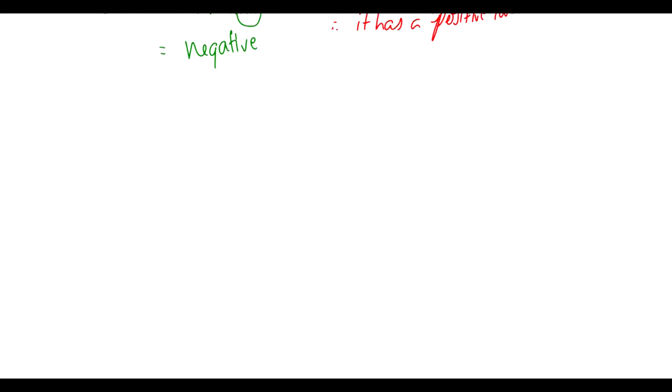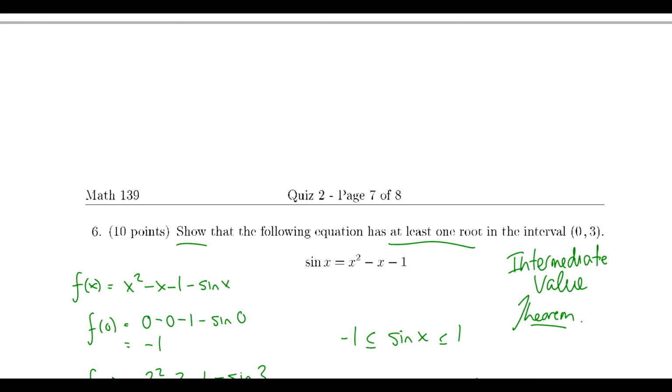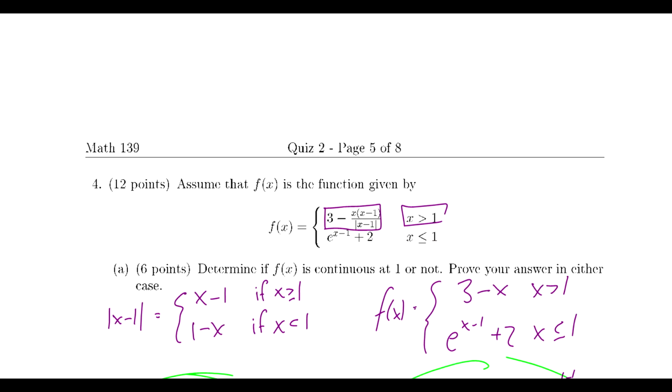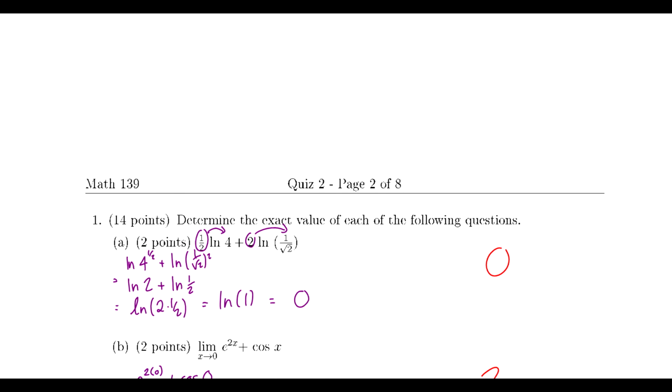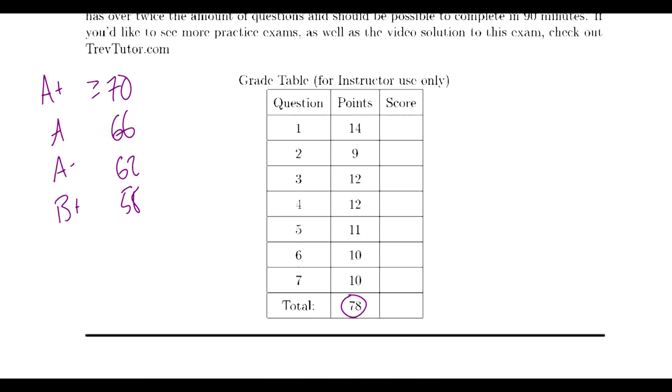So those were the questions I thought were really good from Quiz 2 in Math 139 at McGill. I won't be doing Quiz 1 because Quiz 1 was basically all of pre-calculus. So hopefully, if we take a look at what you could have got here, 6 for the second question.